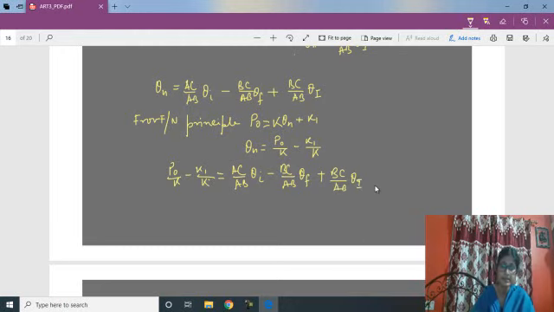This theta I is for integral action deflection.